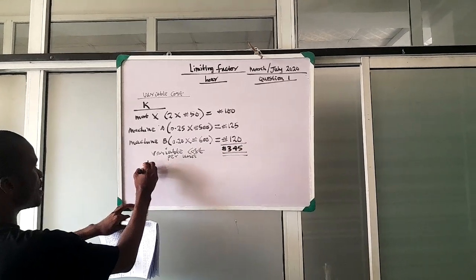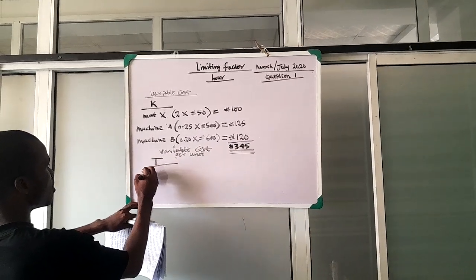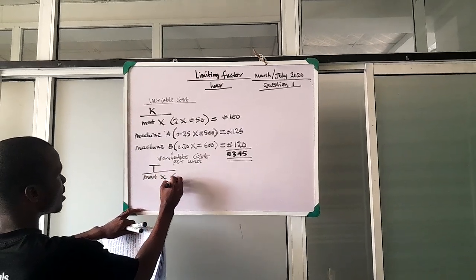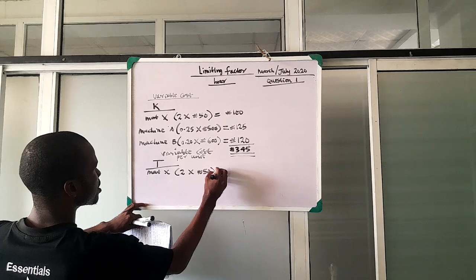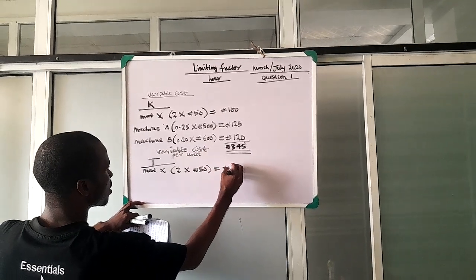Then we'll go for T. For T we have material X: 2 times 50 naira still, which gives us 100 naira.